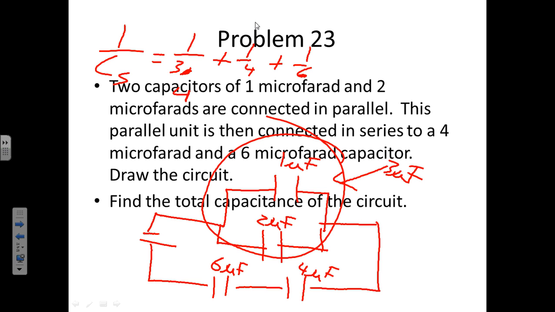So this is going to be 4 over 12, plus 3 over 12, plus 2 over 12. Add those up, we get 9 over 12 equals 1 over our series capacitance, which means our series capacitance is 12 over 9, or 4 over 3. And that's microfarads.